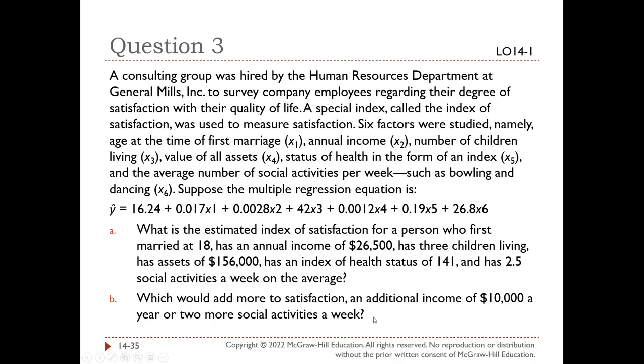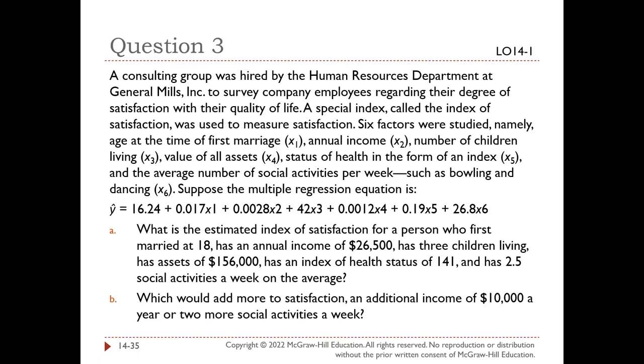Next, which would add more to satisfaction? An additional income of $10,000 a year, or 2 more social activities a week? Looking at our numbers here, even if I add 10,000, income added is only 0.0028 of our formula, but activities will actually be 26.8.